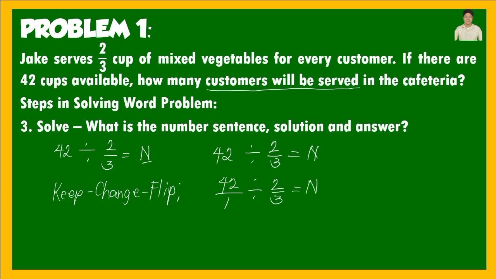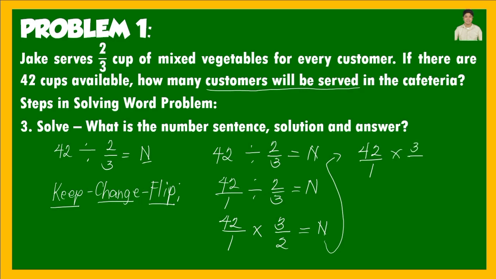Next, dito tayo sa keep. So, 42 over 1 and then change. So, yung ating operation na division magiging multiplication. And then flip, yung 2/3 magiging 3 over 2 equals n. So, dito tayo ngayon. So, 42 over 1 times 3 over 2 is equal to n.